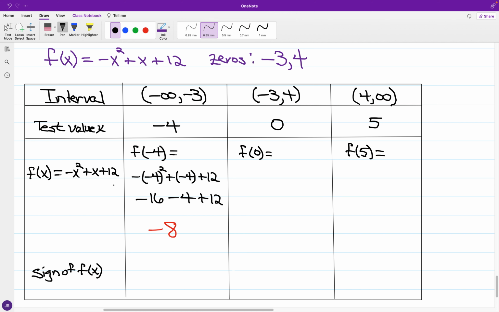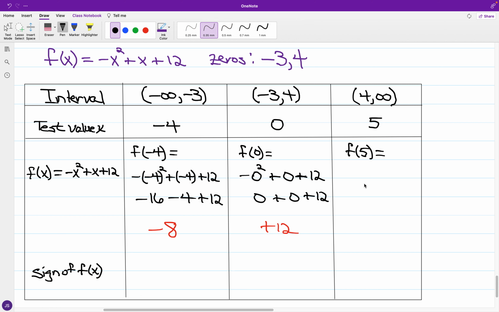Now for f of 0, I have the negative of 0 squared plus 0 plus 12. Again, the first two terms are automatically negligible. And so f of 0 will come out to positive 12.